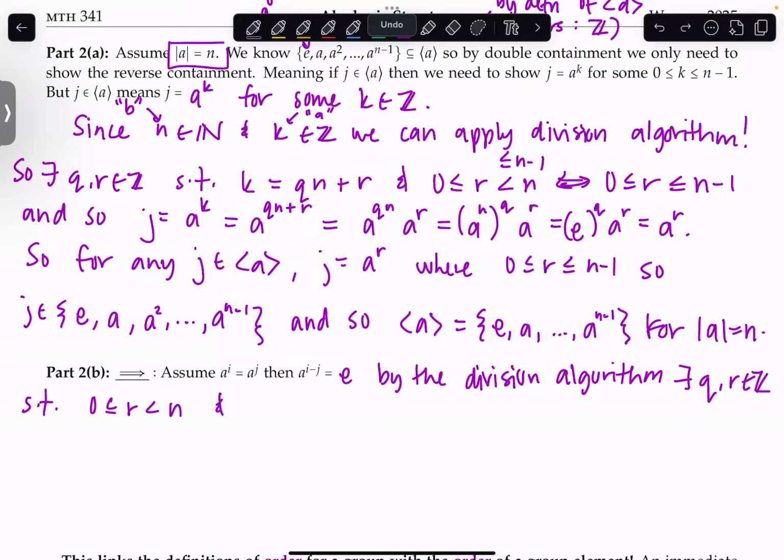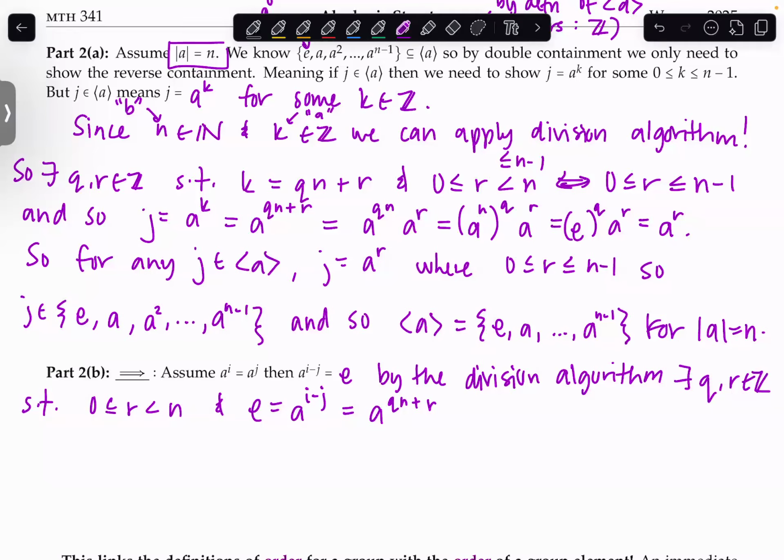And my identity element that I can write as a to the i minus j, I can now rewrite i minus j by thinking, what happens if I divide by n, right? I can rewrite this as qn plus r.